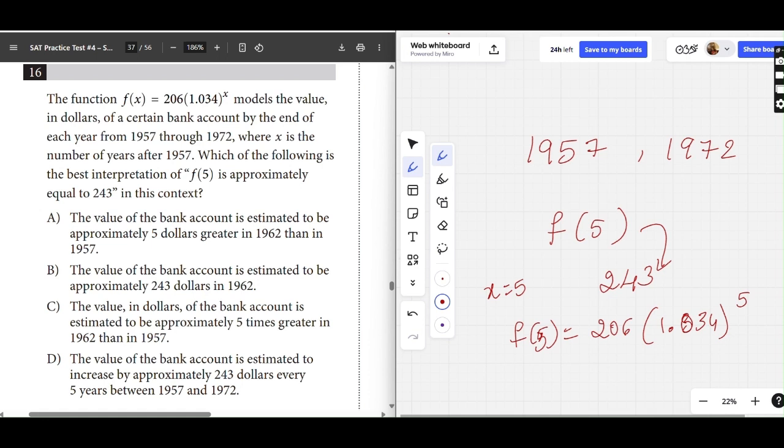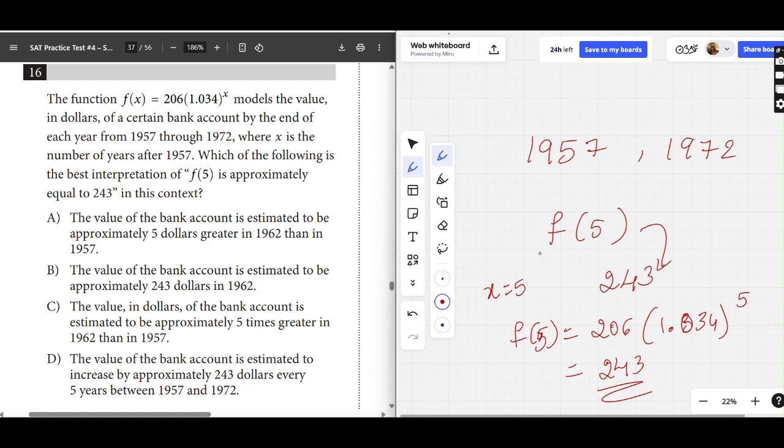That multiplied with 206 is 243 something. So this is what this given function is saying right now. And remember, 5 represents the time interval here.